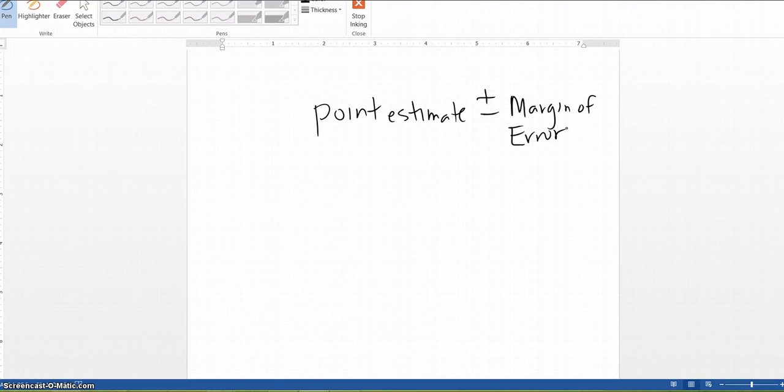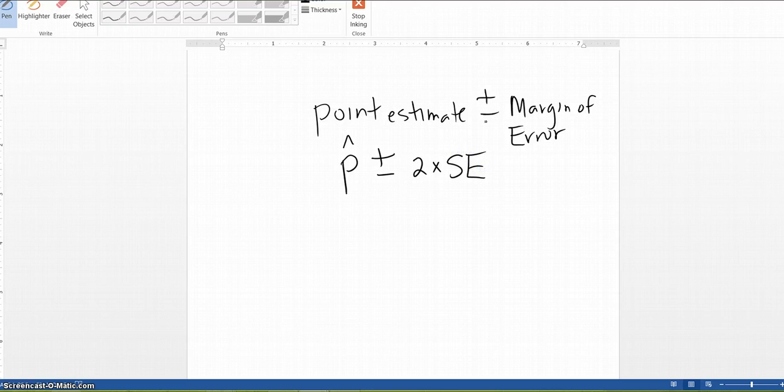My point estimate is p hat from our original sample, and my margin of error is 2 times the standard error that I just found with the bootstrap distribution. I use SE for the standard error.